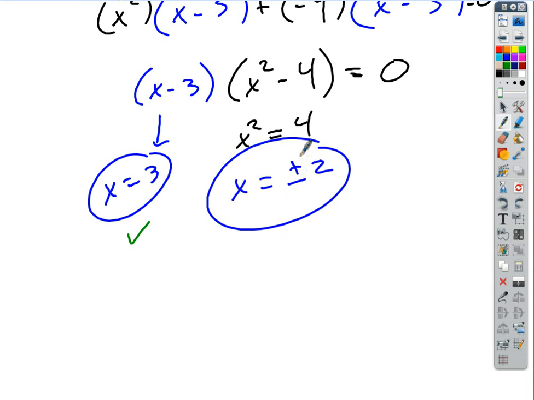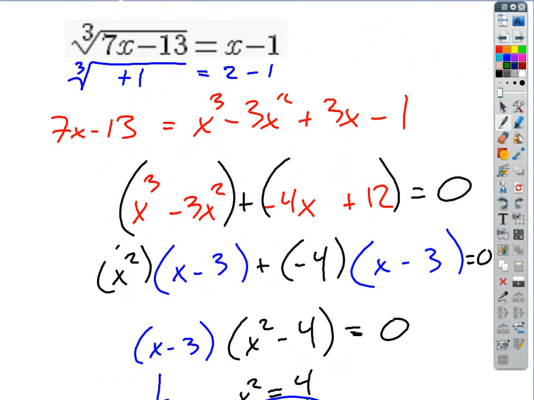What about negative 2? Last one. If I put negative 2 in there, I get the cube root of negative 14 minus 13, right? Negative 27, equals negative 2 minus 1.